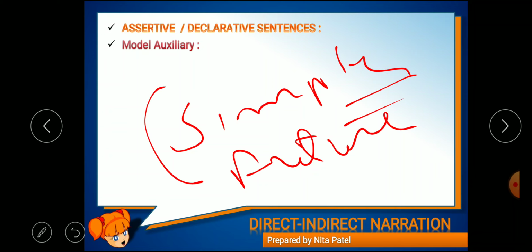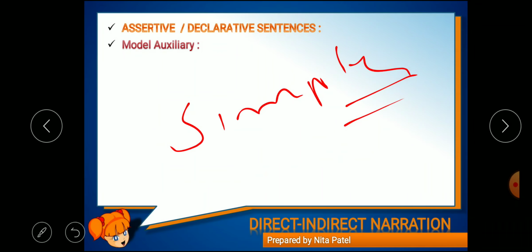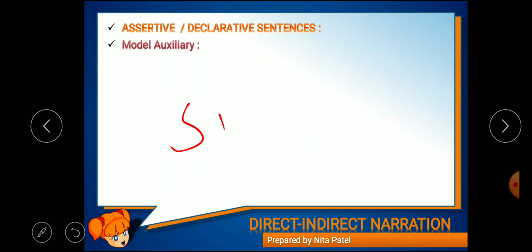In simple future, we do not change the main verb, we just convert shall into should, will into would. So the same thing applies here. If modal auxiliaries are there, that is can or may, we'll use the past form of that. Can will convert into could, and may will convert into might. Other things are the same, nothing new.